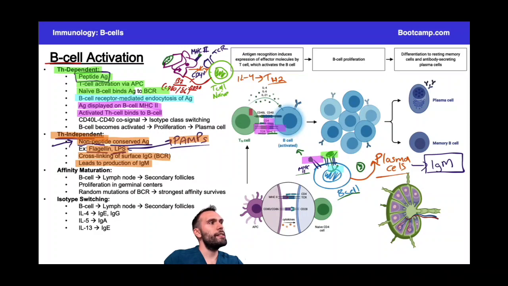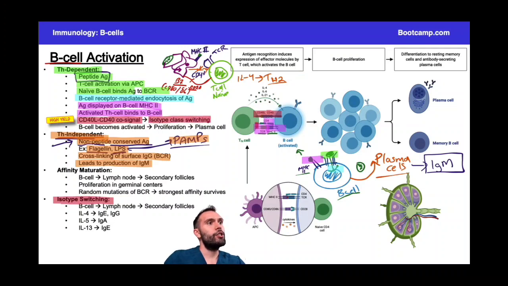And this signal, CD40 ligand co-signal, essentially involves CD40 ligand on the T helper cell and CD40 on the B cell. And this specific step is involved in isotype switching. And that's very high yield to remember that CD40 ligand, CD40 binding, and this is one of them that I would absolutely remember, is involved in isotype switching.